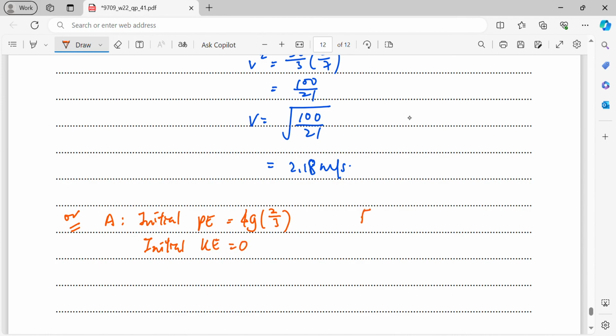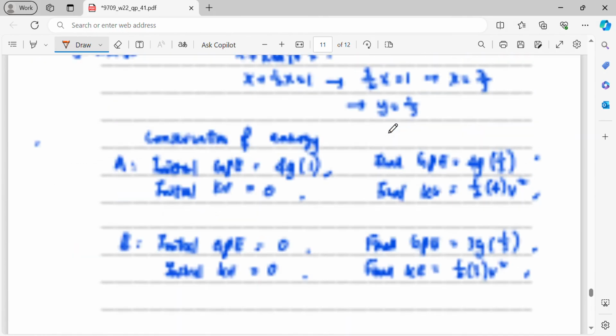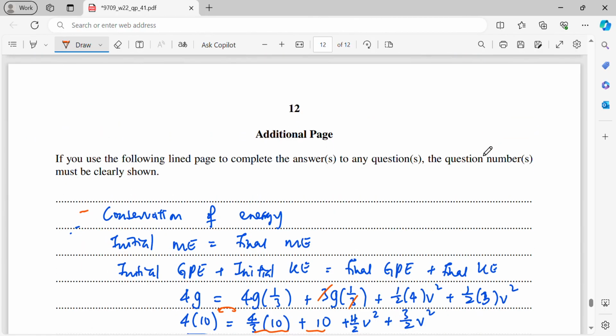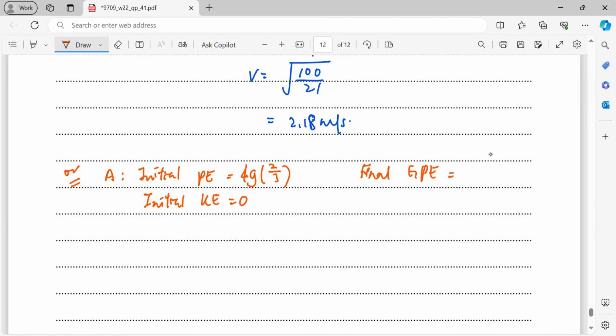Now the final GPE. Because we know that the A will move down 2 over 3 units, at last it will be here. So the final GPE will be 0 because the H is 0. Then the final kinetic energy will be half 4 V squared.